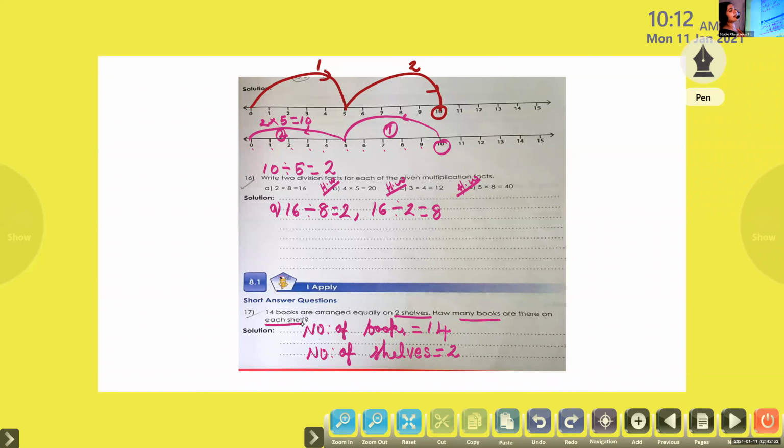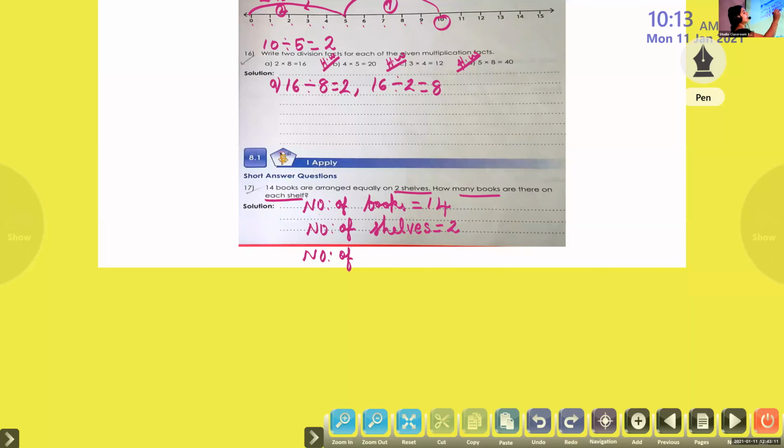So, Joy, are you writing? So, the number of books on each shelf is what you have to find. 14 divided by 2 is the number of books on each shelf.